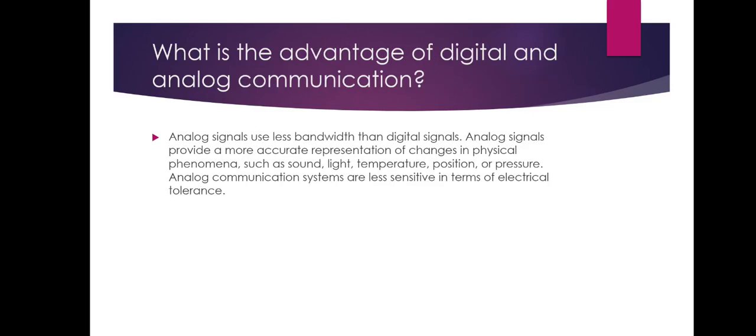What is the advantage of digital and analog communication? Analog signals use less bandwidth than digital signals. Analog signals provide a more accurate representation of changes in physical phenomena such as sound, light, temperature, position and pressure.